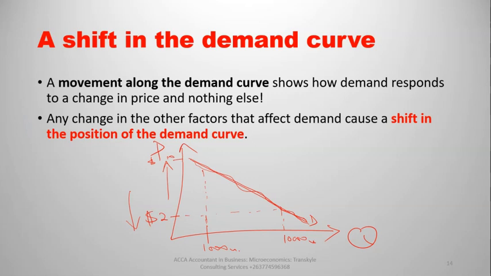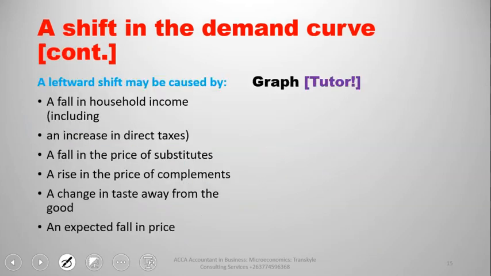When you are talking of a shift, this is a movement of the demand curve either to the right to become D1 or to the left to become D2. All right, so that's a shift. But when you're talking of the movement along the curve, this is the movement we will be talking about. All right, so a shift is caused by other factors, not really the price.